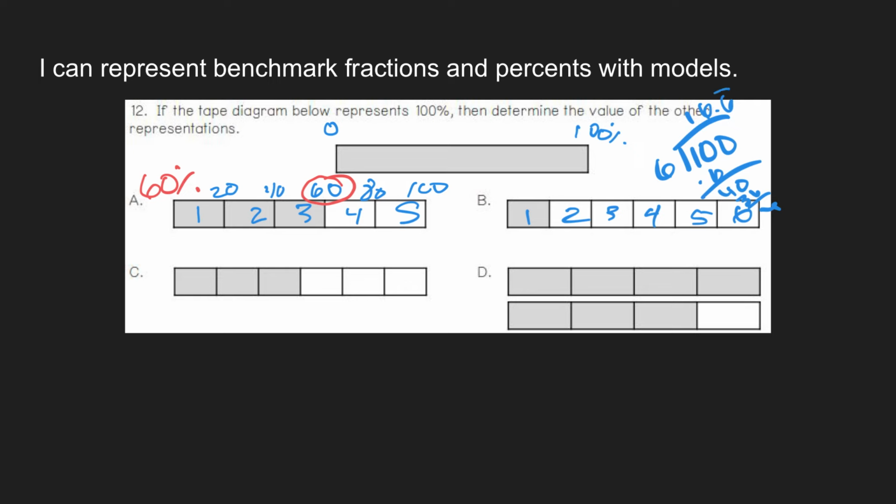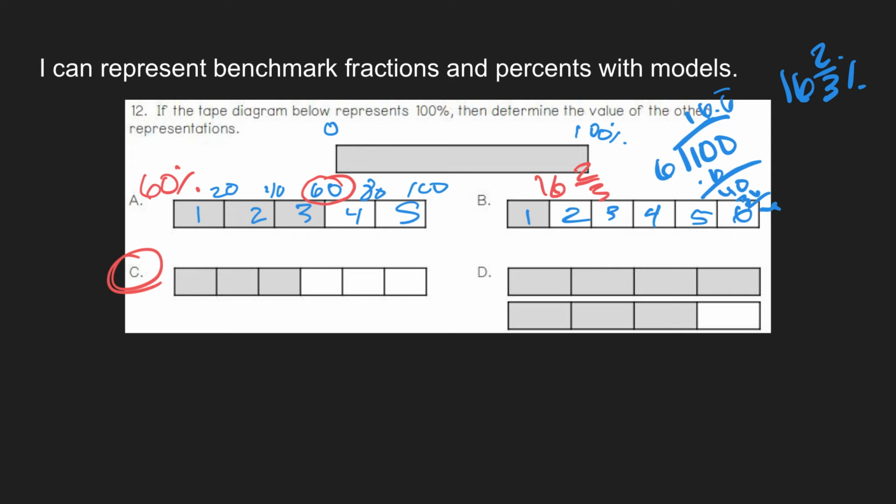So what I would really do is say 16 2/3% would be each one of these. So this first one would be 16 2/3.